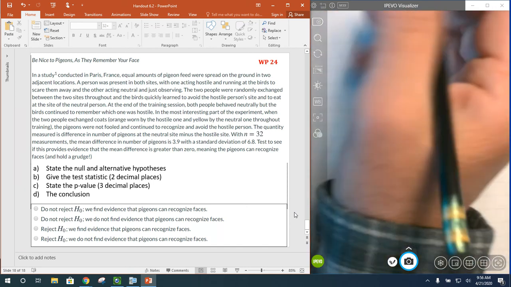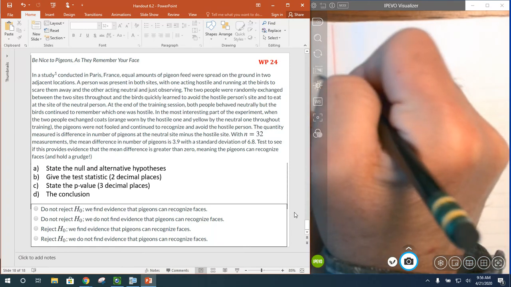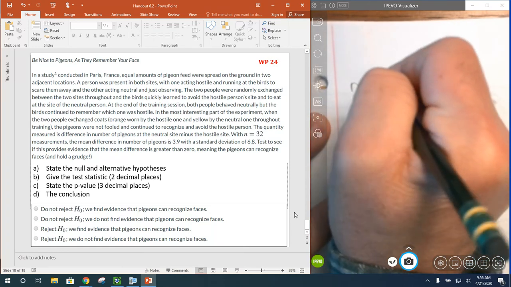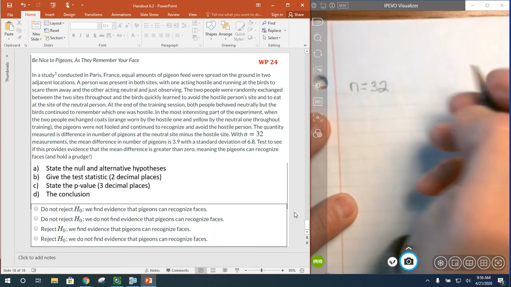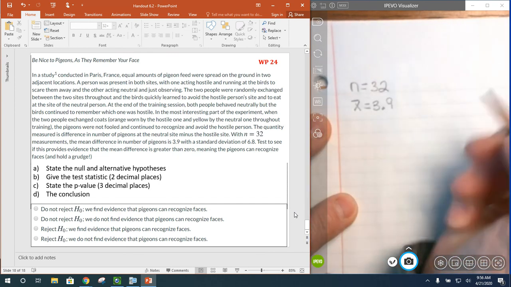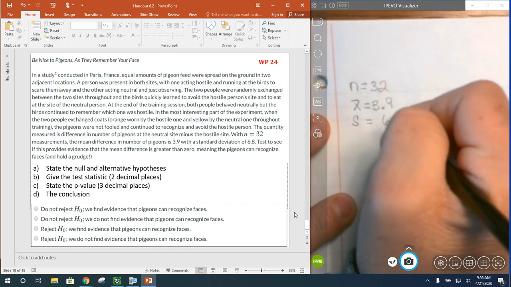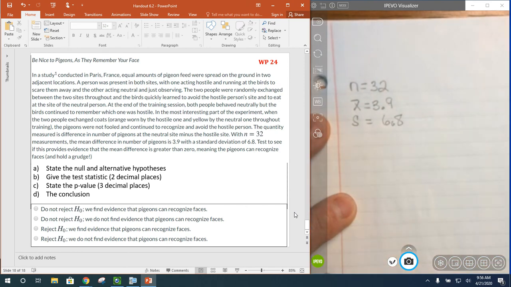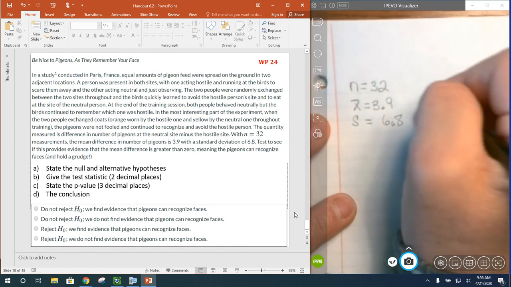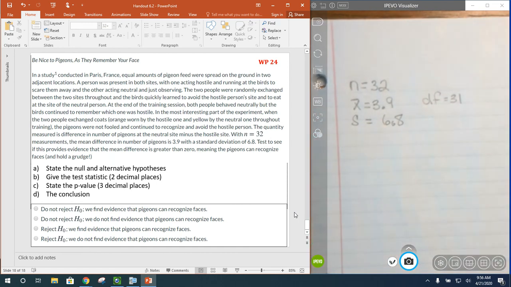Well, first of all, we have n equal 32. We need that. We also have an x-bar statistic of 3.9. We also know that our standard deviation is 6.8. And our degrees of freedom are 31, one smaller than 32.